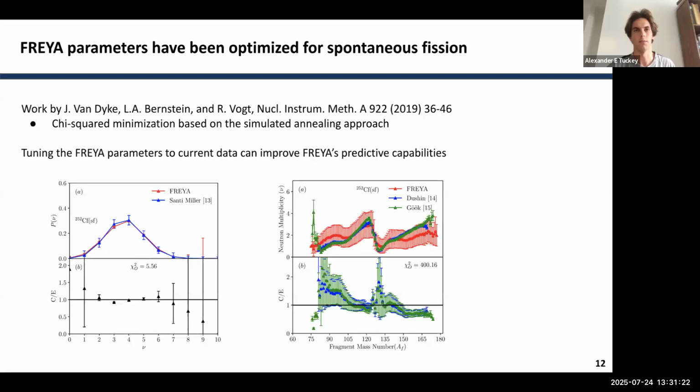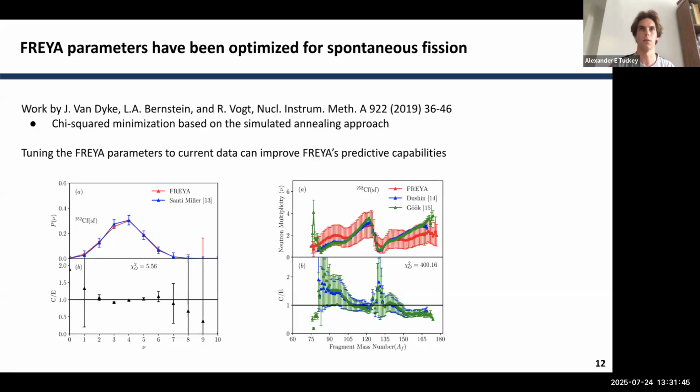And they chose to optimize the Freya parameters based on the simulated annealing method. And so they fed in data like these on the slide, in addition to more neutron observables and photon observables as well.